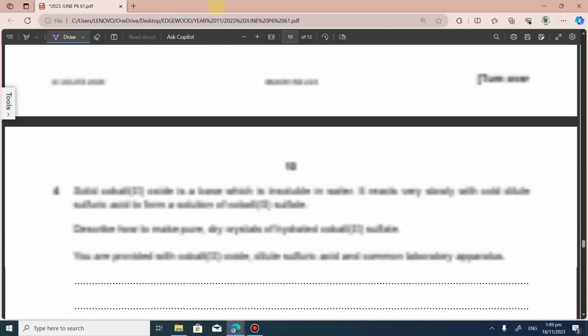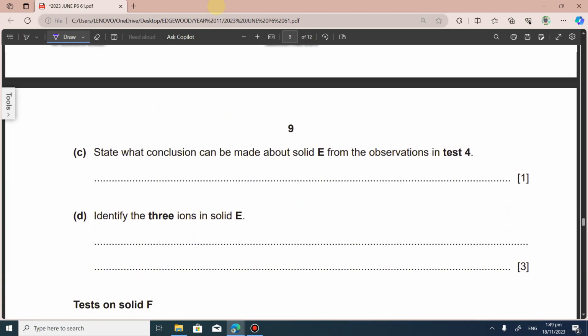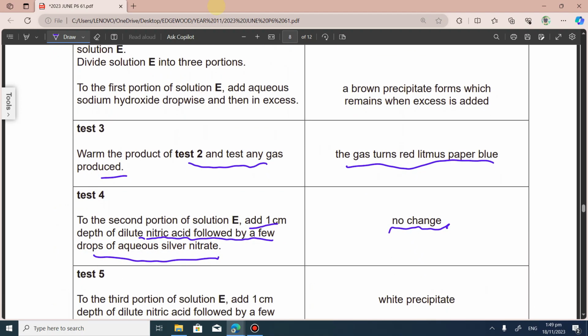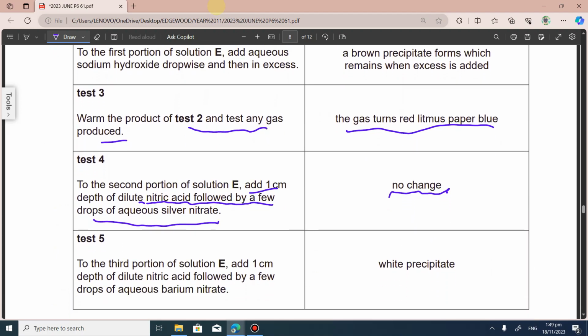When it was done in the experiment performed by the students, what we observed is that there was no change. So what it simply means is that the experiment the student performed didn't give a positive result to the test for chloride, bromide, and iodide. That is why there is no change.